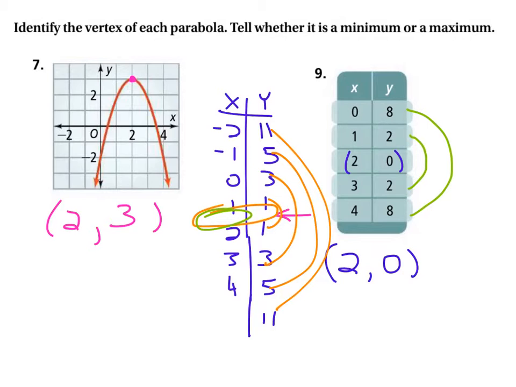So we know the vertex is going to be right in between there. So it's going to be 1.5, comma, because 1.5 exists right between 1 and 2. And then whatever you get when you plug 1.5 into the equation, you actually have to calculate that. It's not going to be right in between 1 and 1 because they're the same number. So there's going to be a different number that you need to calculate by plugging this in.